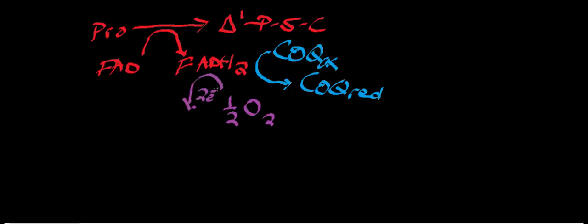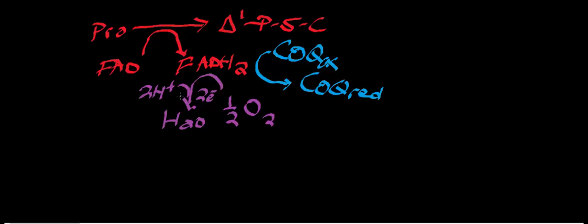It can pick up the 2 electrons from FADH2, and that's going to give you water. And of course, in the process, you'd have to also pick up 2 protons. So the key is, in any case, whether you're going from FAD to FADH2, or coenzyme Q oxidized to coenzyme Q reduced, or half of the oxygen molecule to water, it's always going to be a 2 electron, 2 proton process. But specifically what we're concerned with is the 2 electrons.